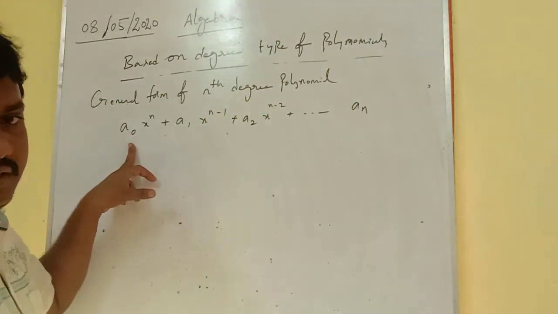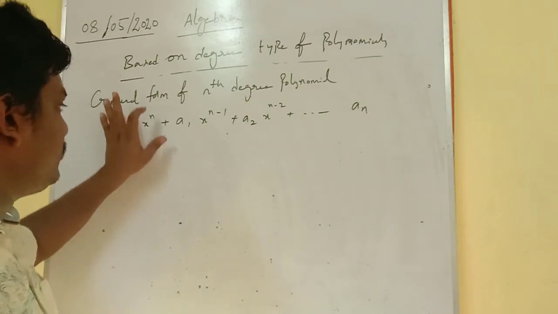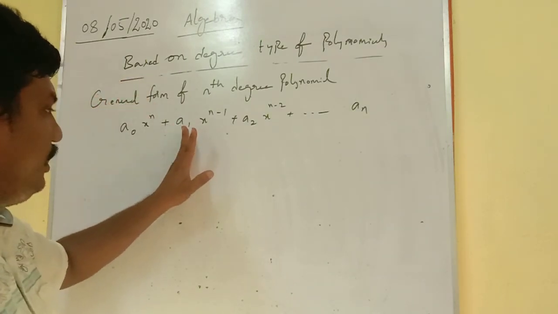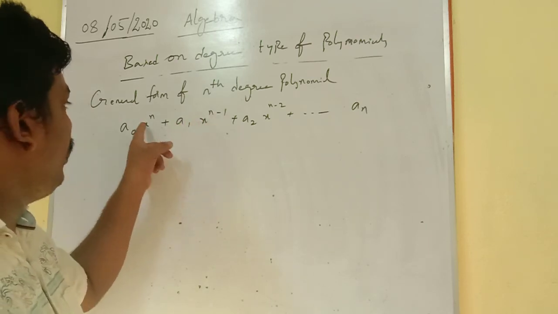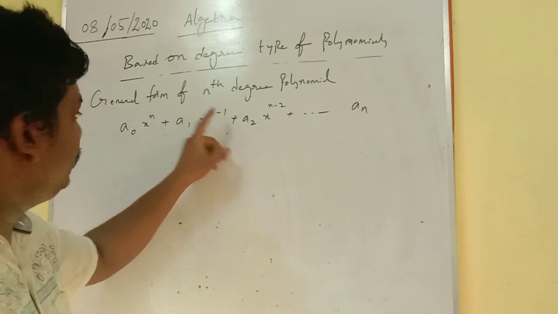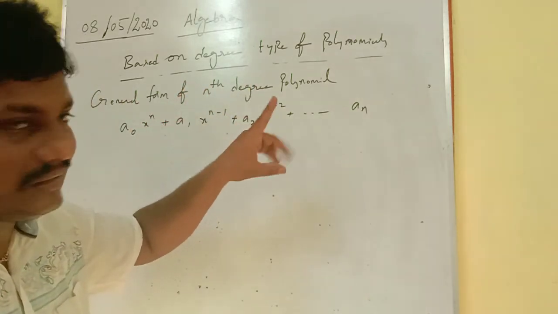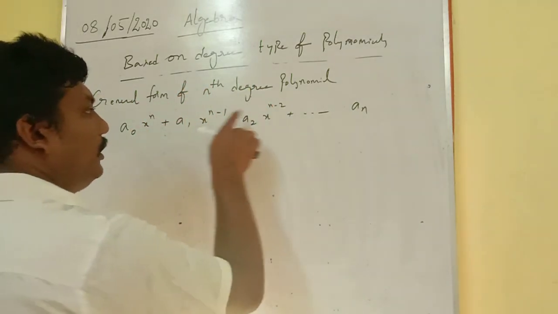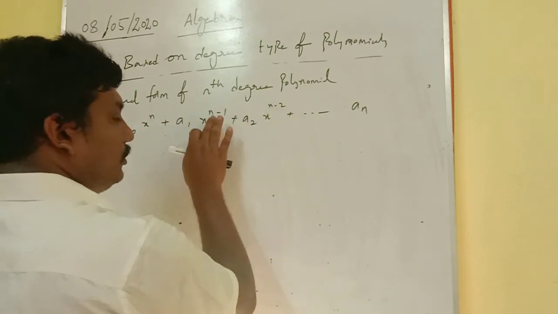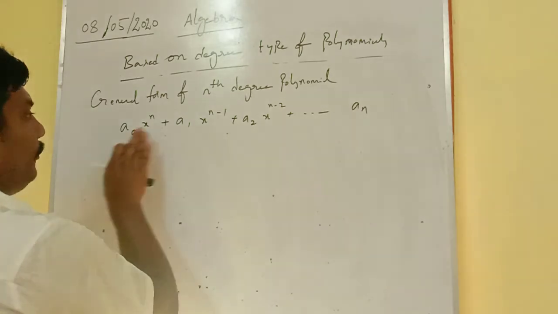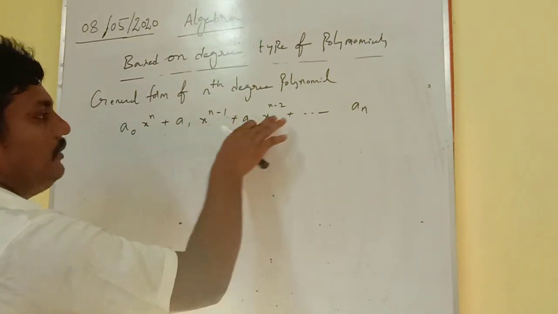Here a naught is called the coefficient and x power n is called the nth power of x. Here a1 is a constant, and the power should be 1 less than the previous term, so here n minus 1. Here also n minus 2, that is, the power is 1 less compared to the previous term. So the powers of the variable are decreasing.